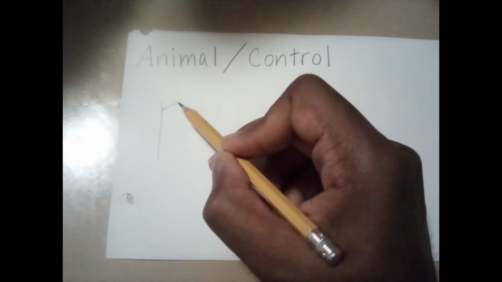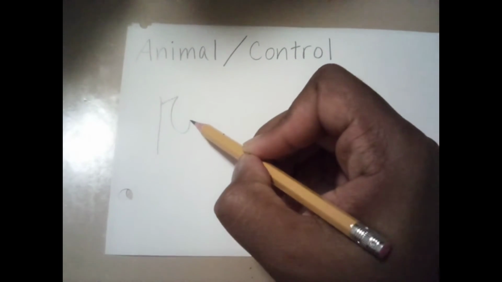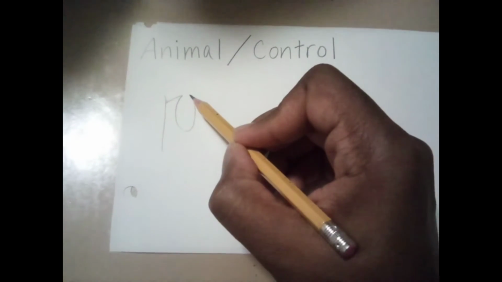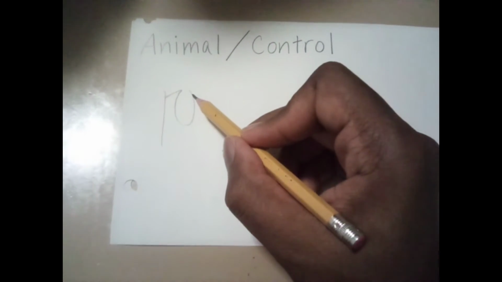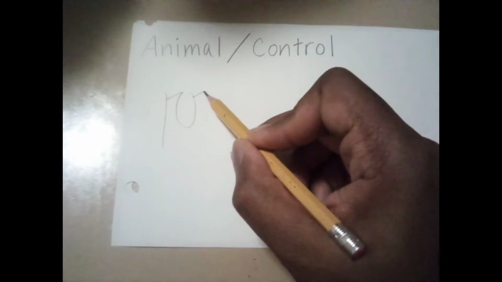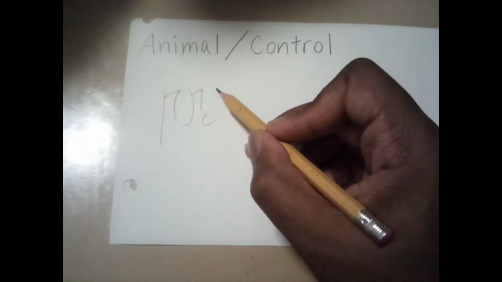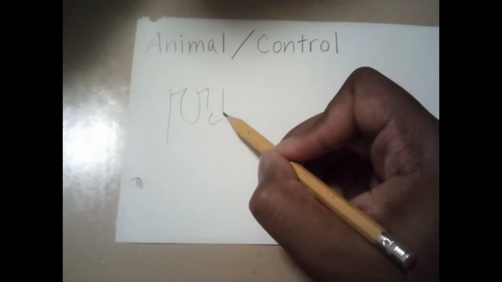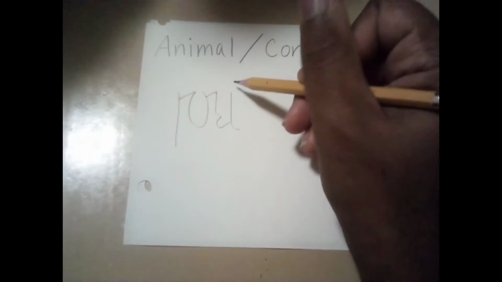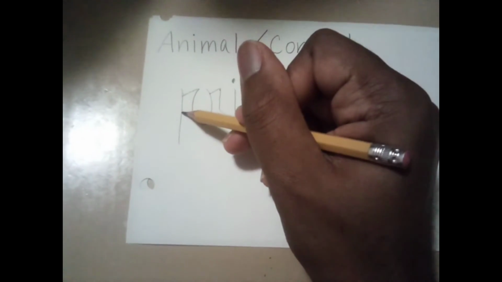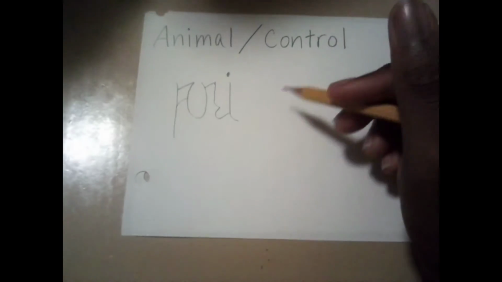Then we take this part of the A and we curve it around into the first part of the N. We have our O. We finish off our N into a capital R upside down, and we have an I. And we'll cross the A this way.